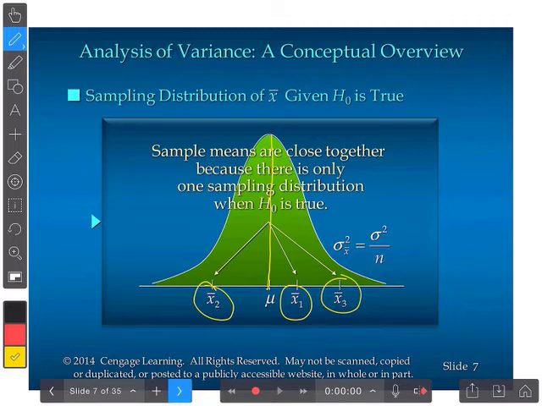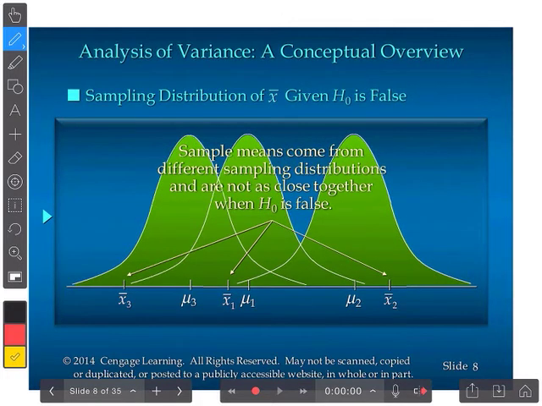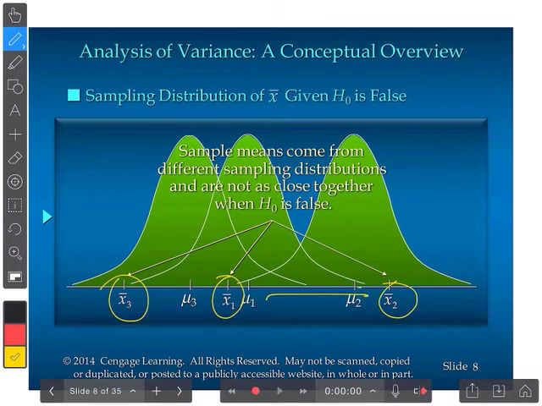But what happens if we were to sample from different populations? Then there's a pretty good chance that the sample means that we observe will not be very close together. Notice how those three here are different from the previous diagram that I just showed you. So if H0 is false, then we expect to see a fair amount of variation between the treatments.